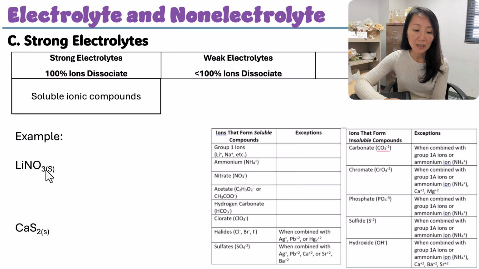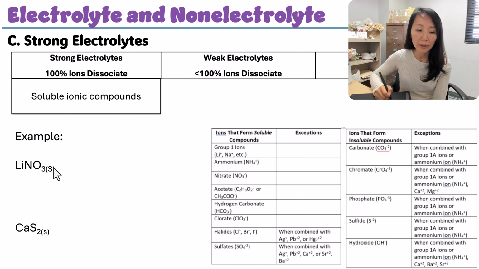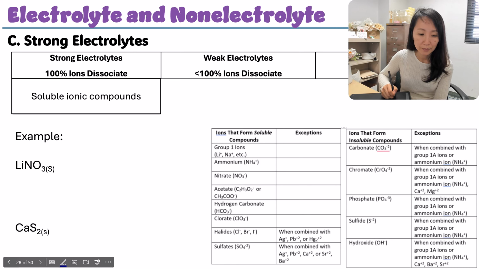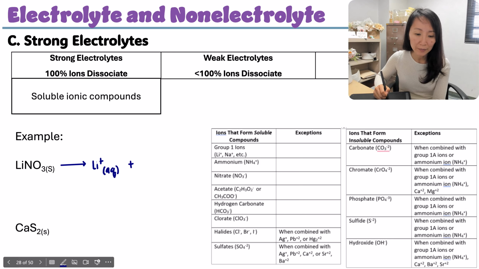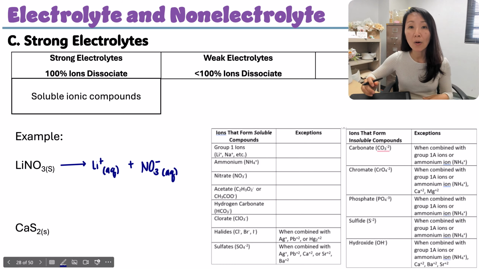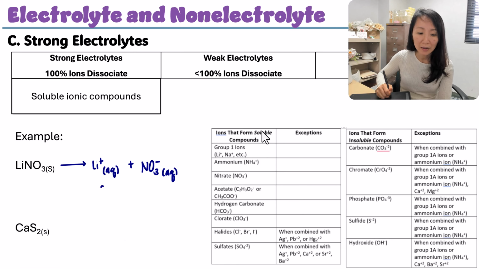So when this solid is submerged in water, you have lithium that has split off into Li+ (aq), with aq representing that it is hydrated by water, and nitrate in ionic form. And so this lithium nitrate has dissociated completely because it is considered to be soluble. So I'm going to write this as soluble.